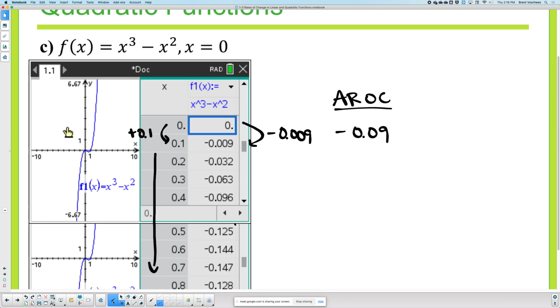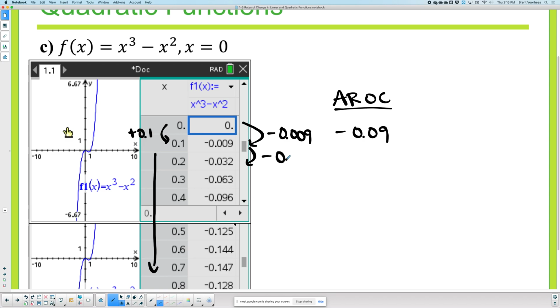Okay, next value. What's the change going from negative 0.009 to negative 0.032? Becomes more negative. How much did it increase from 9 to 32? Let me ask it that way. From 9 to 32, how much do you? 23.